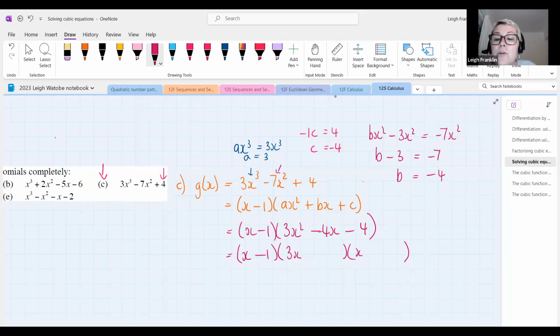So if I put 2 here and 2 here, I can get 6x squared from the outers. So I want minus 6x plus 2x to give me minus 4x, and plus 2 times -2 gives me -4. And there we go. It's fully factorized. Okay, so that's how we would do a question like C.